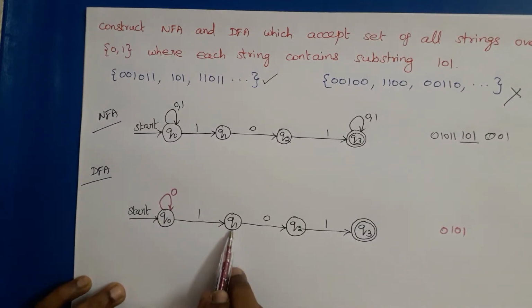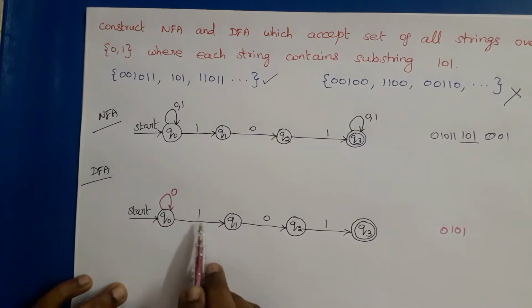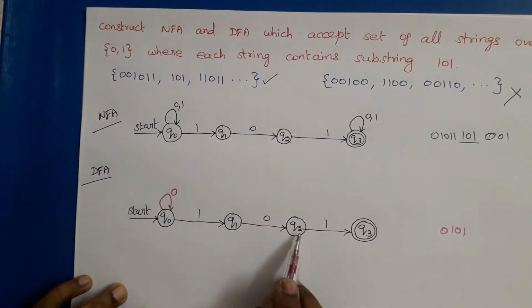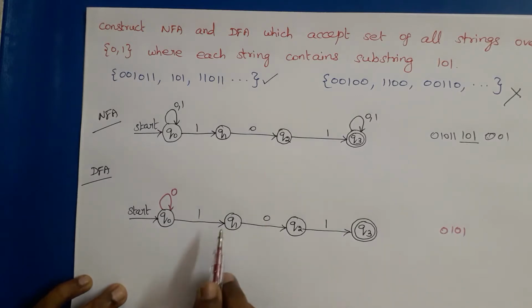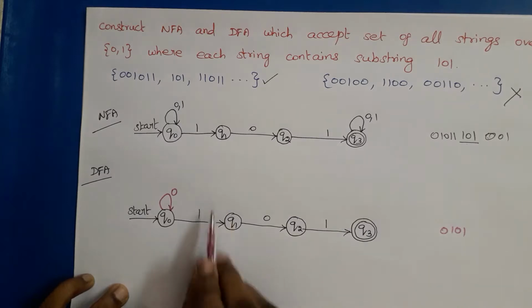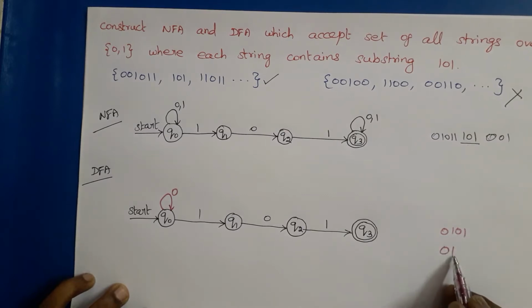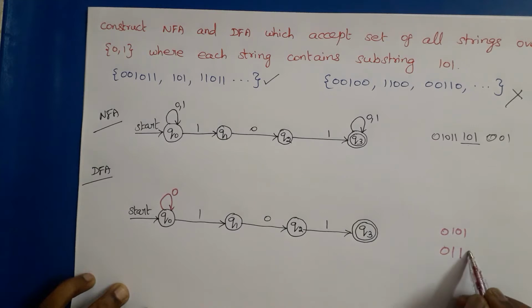Then in Q1, we will be in state Q1 after recognizing 1. If after recognizing 1 we see 0, we can go to Q2. But if after recognizing 1 we see another 1, it means one more 1 is coming, and we still need 0, 1, because 101 is the substring.